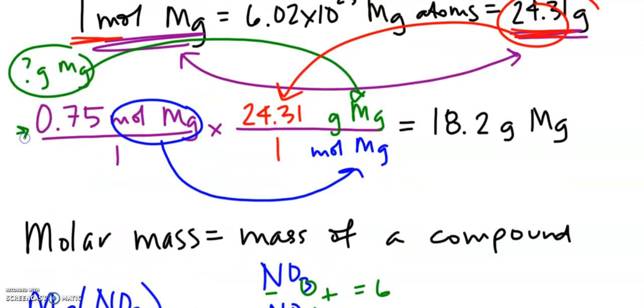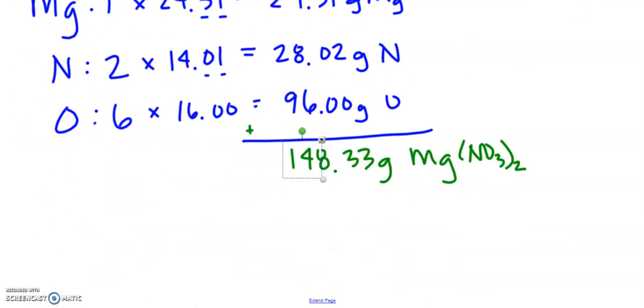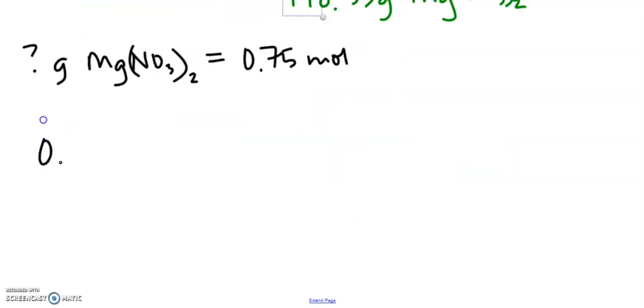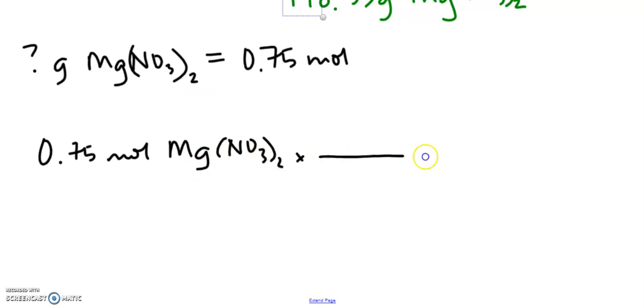Now let's go back up here. What if we wanted to do something like this again? What if the question was, how many grams of Mg(NO3)2 are in, let's say, 0.75 moles of this one? We set it up the same way: 0.75 moles of Mg(NO3)2.